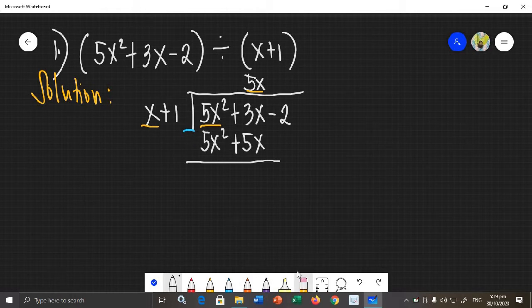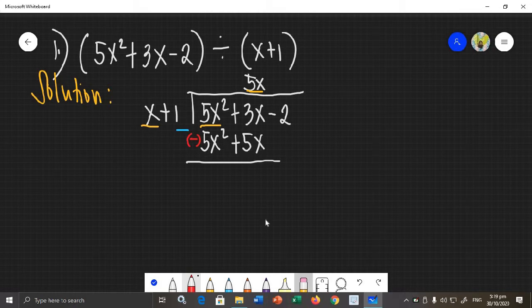Ang rule sa subtraction ng integers ay magpapalit ng sign yung subtrahend, which is yung nasa baba. So si 5x squared magiging negative, negative 5x squared na siya.